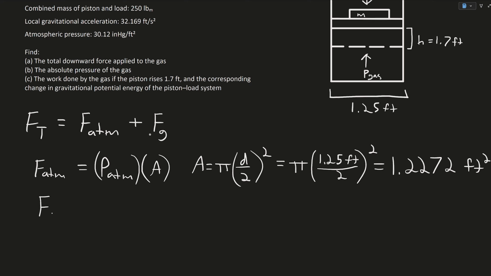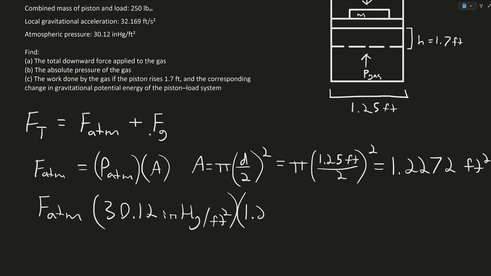Now we have our area. We can plug this in to get our force of the atmosphere, which is our pressure of 30.12 inches mercury per feet squared, times our area, 1.2272 feet squared. But we need to convert the inches of mercury into pound force so that it lines up with our other calculations.